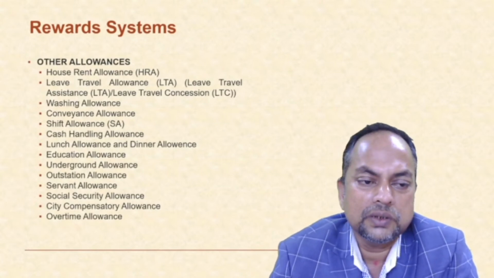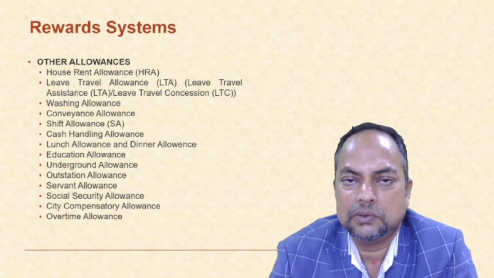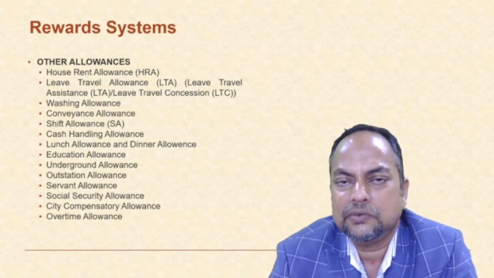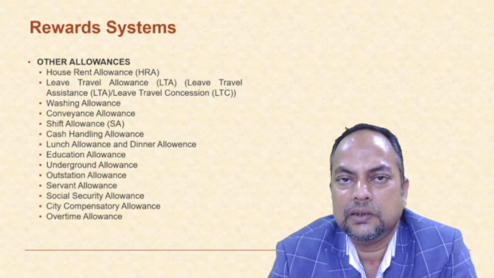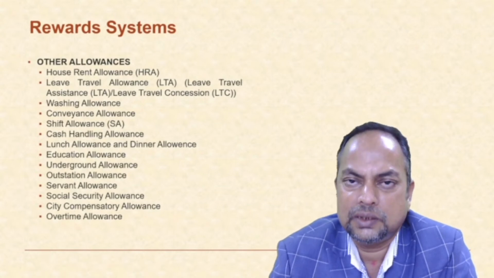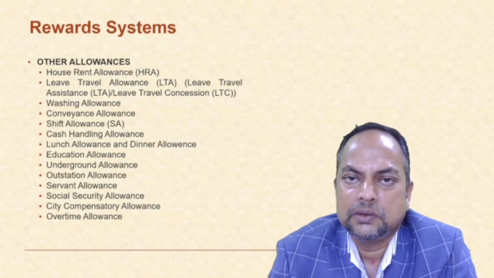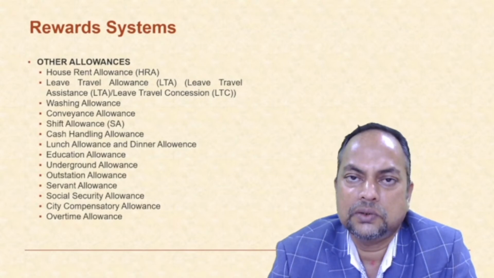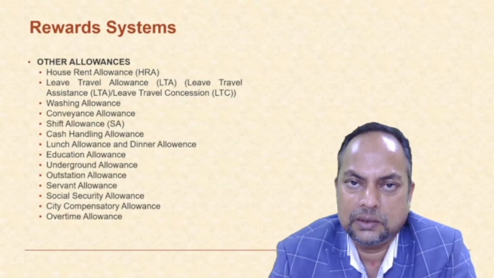Similarly, when we talk of underground allowances, this kind of allowance is particularly applied in mines. We can think of mines being operated in two ways. There is open cast mining, which is not that hazardous, not that dangerous.